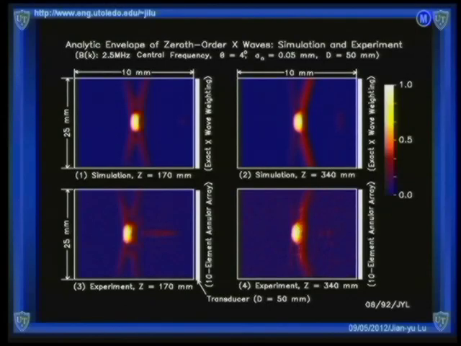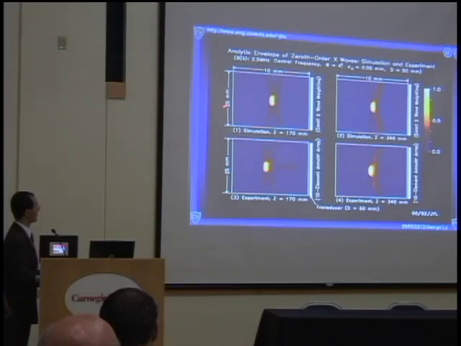Here's the transducer. As it propagates, you can see the size is about 25 millimeters, and the frequency is around 2.5 megahertz. After propagating 170 millimeters, it keeps the same shape as on the surface of the transducer, and propagating to 340 millimeters, it keeps a similar central lobe shape.